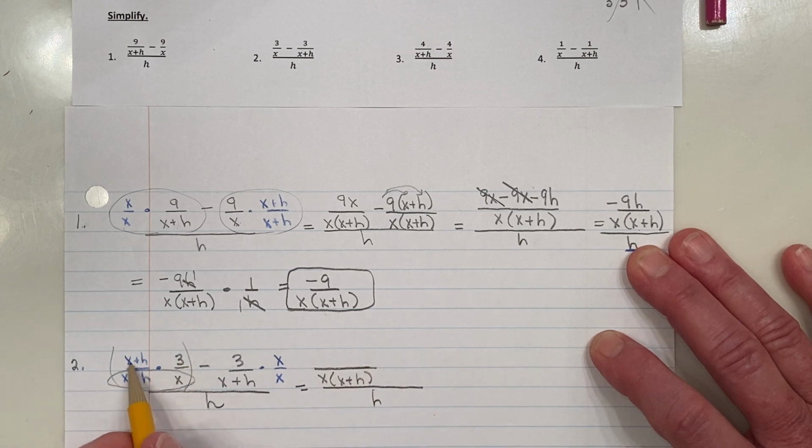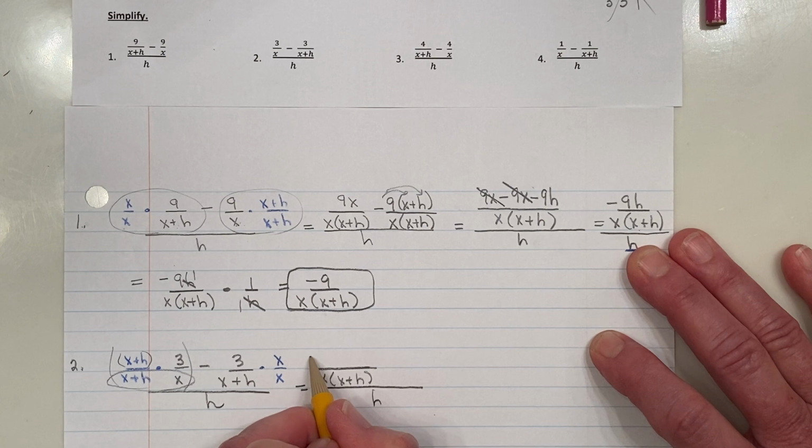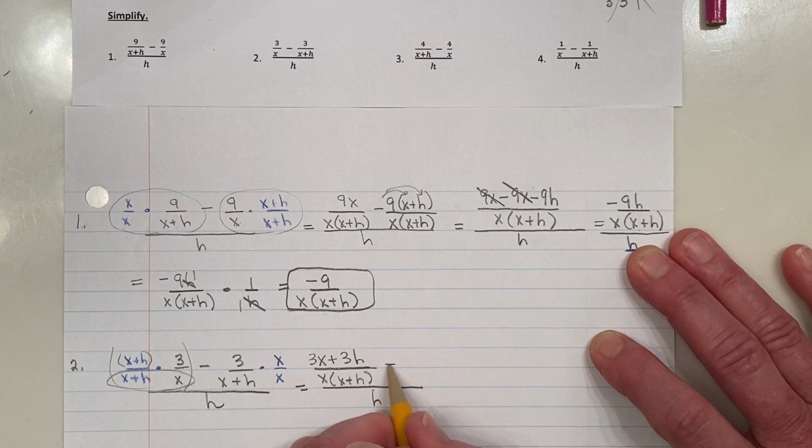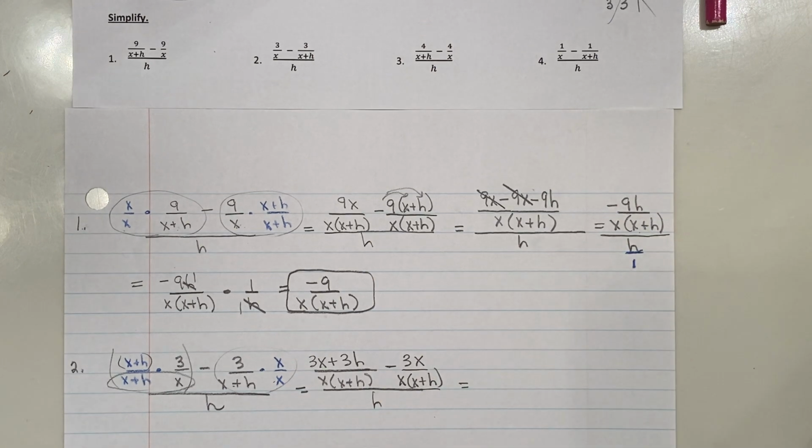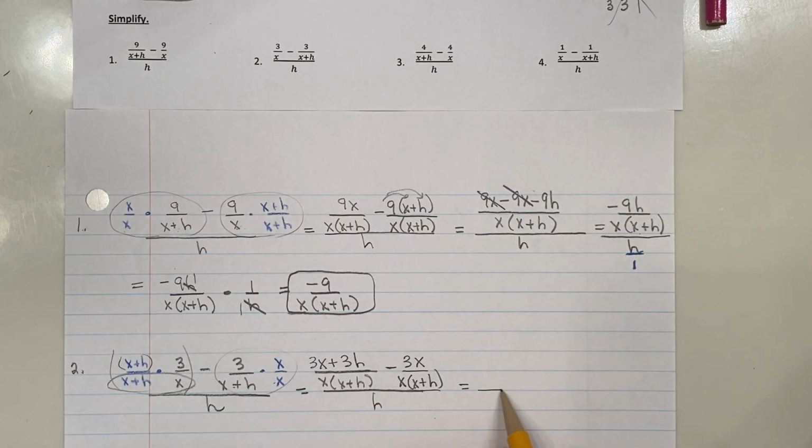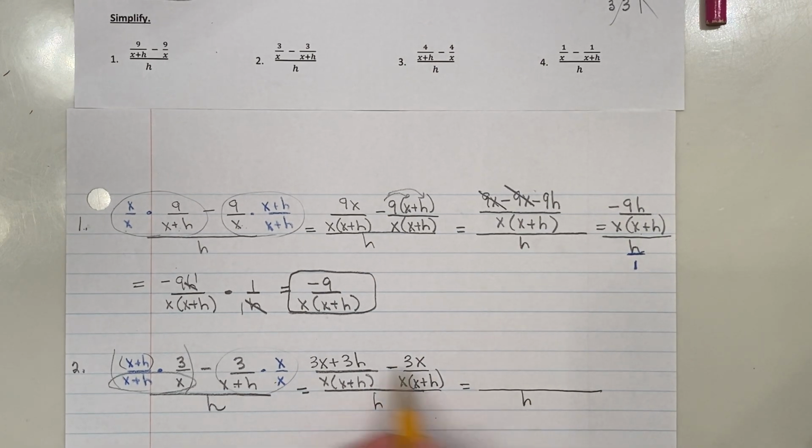So I have to multiply and distribute that 3 in, and I'll go ahead and do that on top. I'm going to distribute 3 in and get 3x plus 3h. Then I'm at the minus sign. Let's multiply these together. Then I'm going to have minus 3x over that same common denominator. Okay, let's rewrite the numerator with just one fraction now.